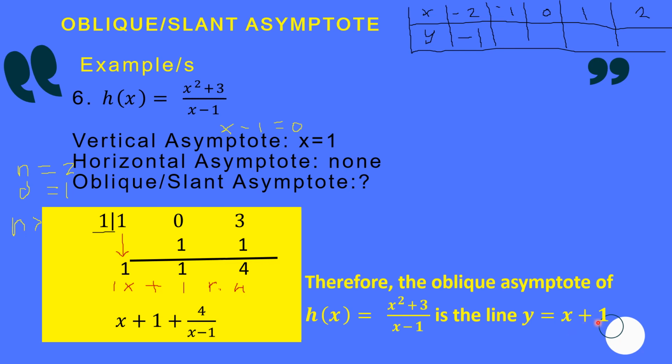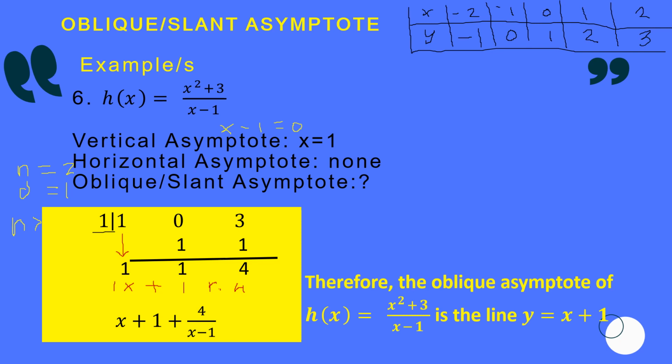So, negative 1 plus 1, that is equal to 0. Next, 0. Etong 0, isa-substitute kay x. So, 0 plus 1, that is equal to 1. And then, 1, isa-substitute kay x. So, 1 plus 1, that is equal to 2. And then, last, x is equal to 2. Isa-substitute kay x. So, 2 plus 1, that is 3.